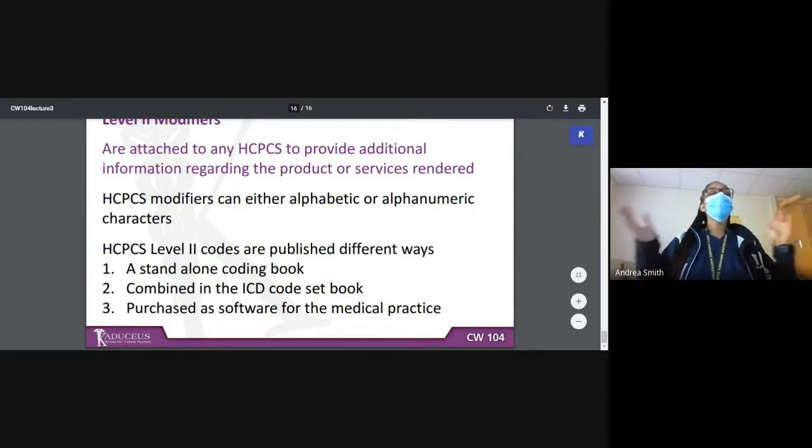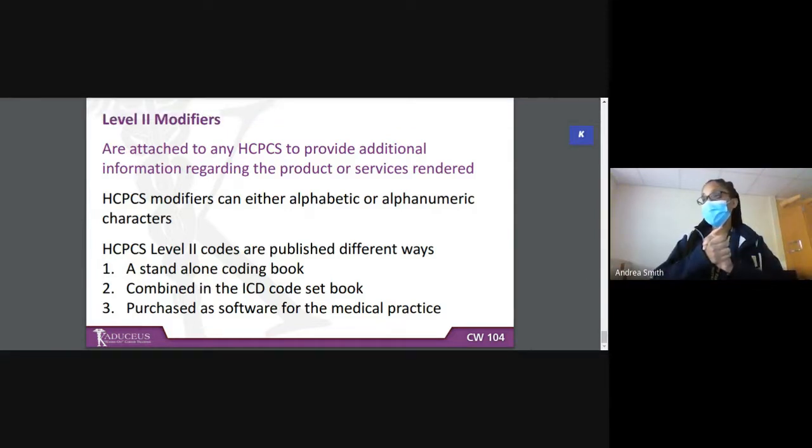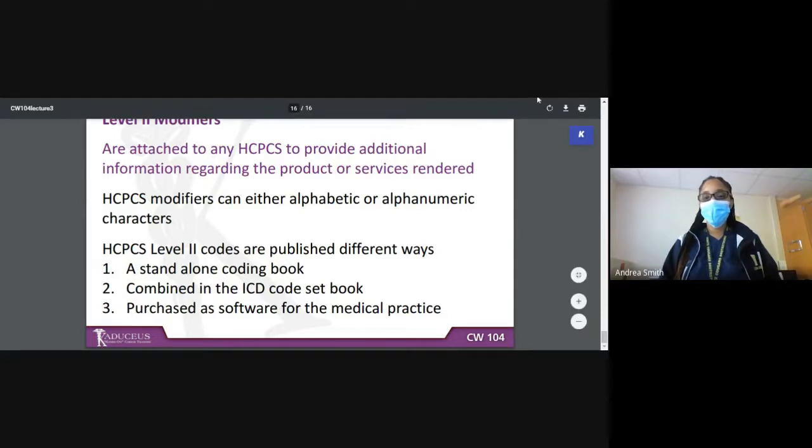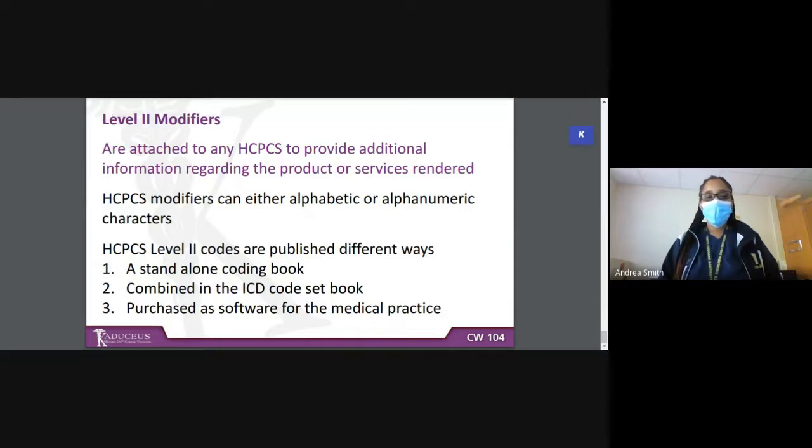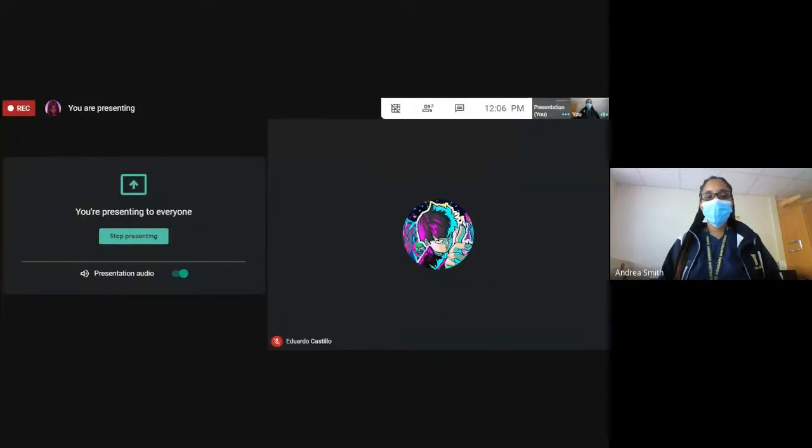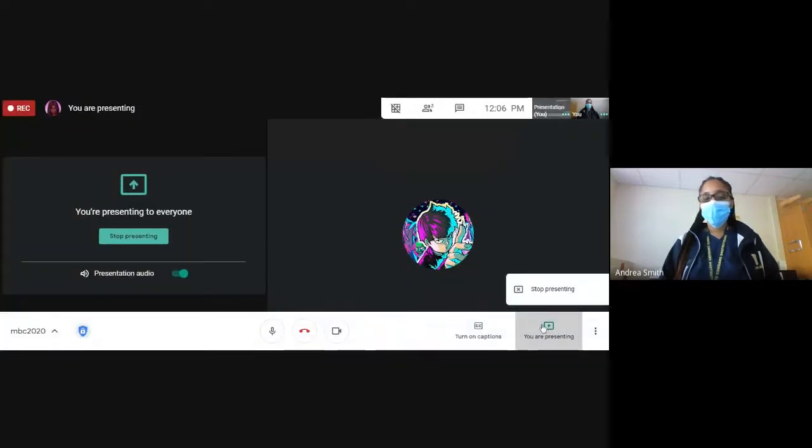So, y'all ready to code? That's it. So let me come off of here. I'll share this one. We're going to stop. Actually, let me put the worksheet up here on the screen.